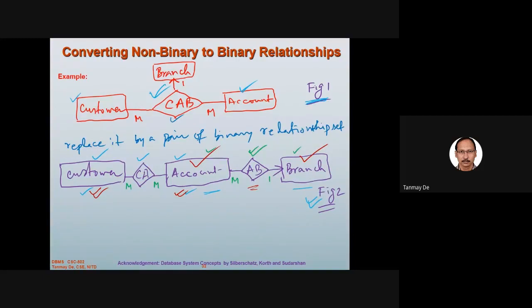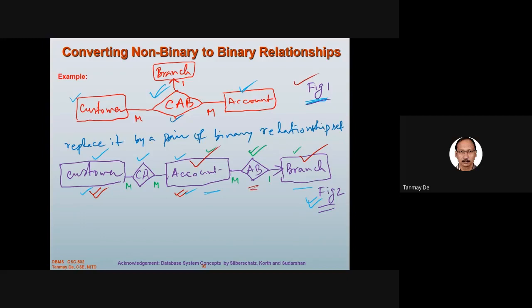Try to understand the distinction between figure 1 and figure 2: the ternary relationship CAB, and two binary relationships CA and AB. In figure 1, a customer having an account is possible only if this account is associated with one of the branches. But in figure 2, it is not necessary.